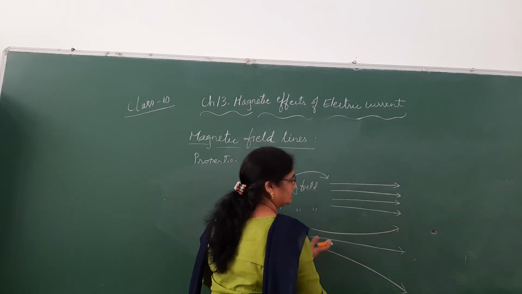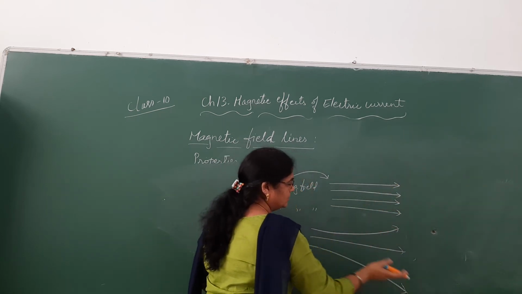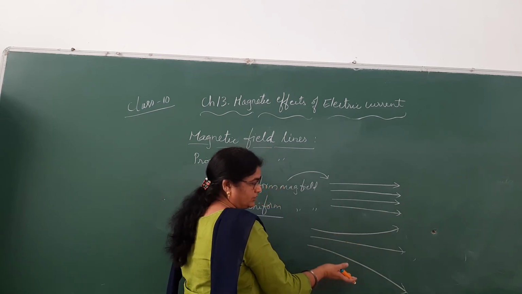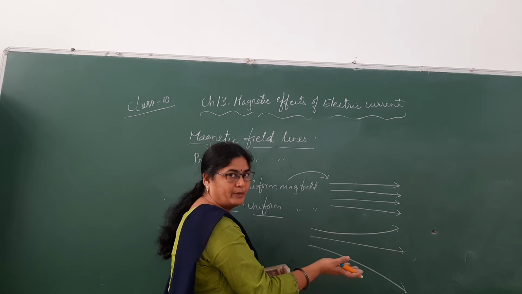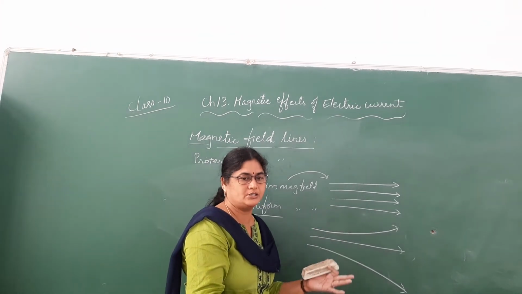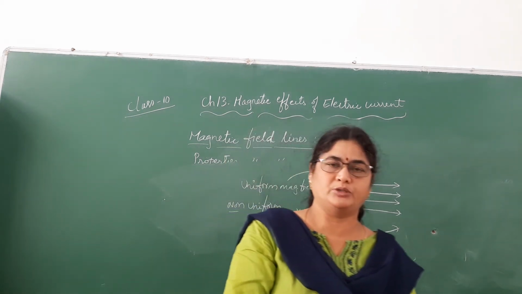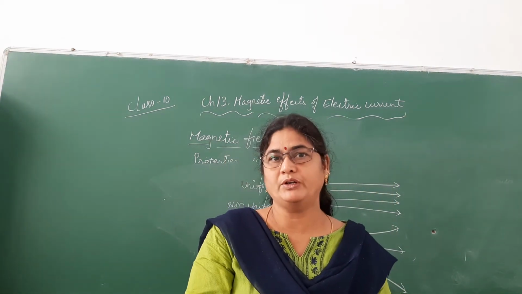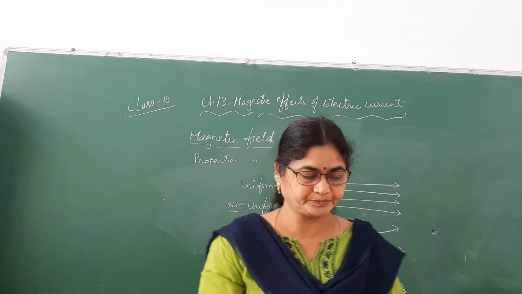One is going like this, one is going straight, another one is going down. So the direction is changing, and the strength is also changing because they are not equidistant and not parallel to each other. So the magnitude is also changing here. Either magnitude or direction or both will change, then we say that magnetic field is the non-uniform magnetic field.